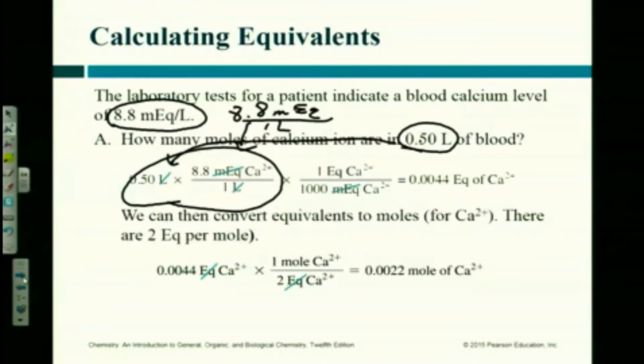And then they say, okay, for calcium, there's 2 equivalents for 1 mole. Why are there 2 equivalents for 1 mole for calcium? Because the charge is 2 plus. So there's 2 equivalents for every 1 mole of calcium. Therefore, if you had 8.8 milliequivalents per liter of calcium, you would have 0.0022 moles of calcium.